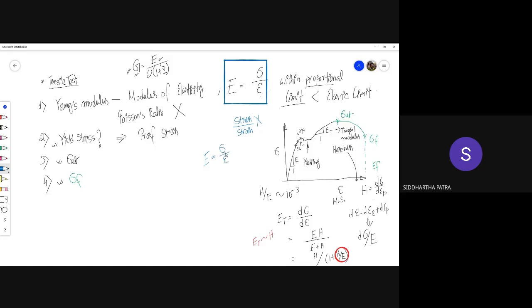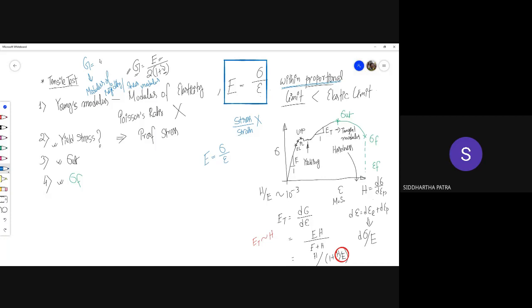So the type of stress or strain is also important, and that too within proportional limit needs to be specified. For example, if I ask you what is modulus of rigidity, the other name for shear modulus, the most probable answer that I would get is the same one that I got for Young's modulus.